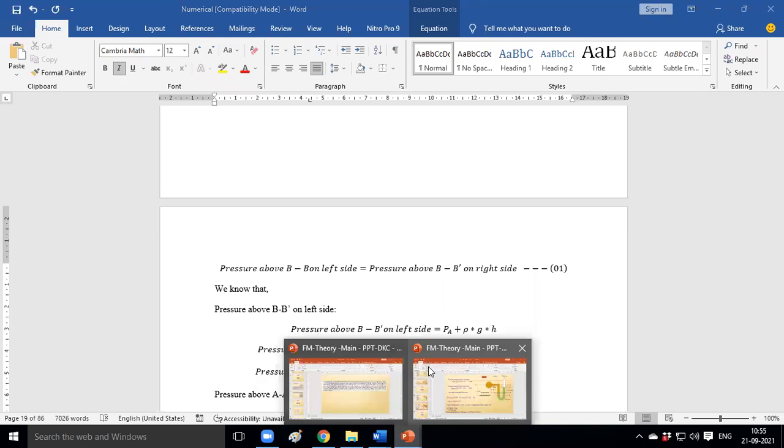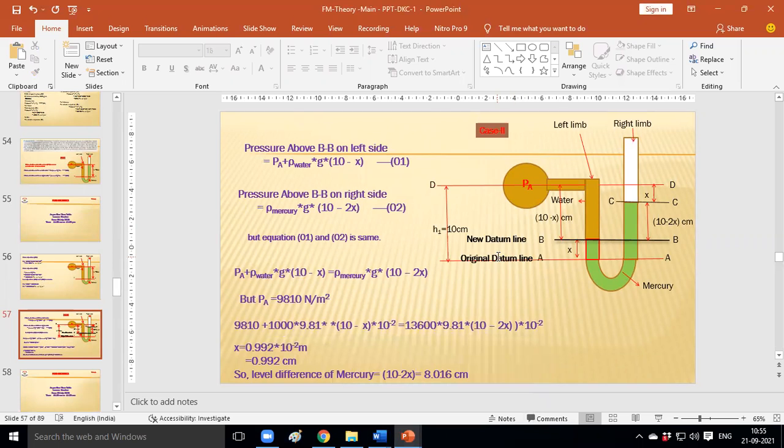Okay, we need to change one more thing. 10 is represented in which unit? Centimeter.